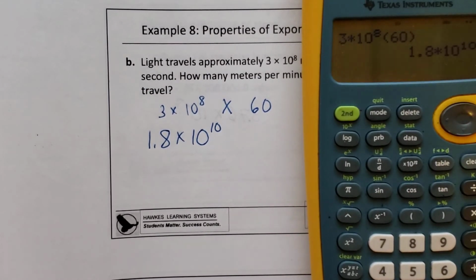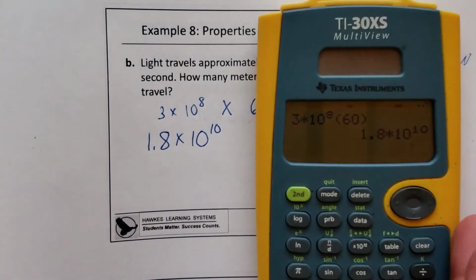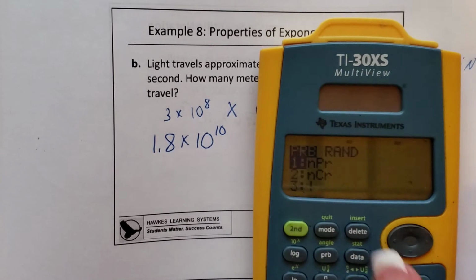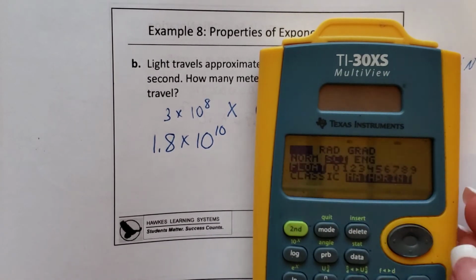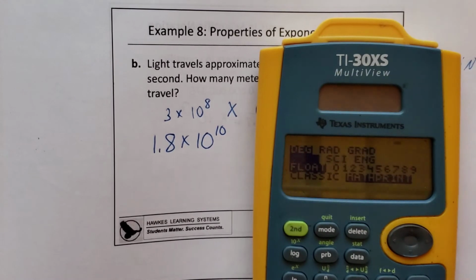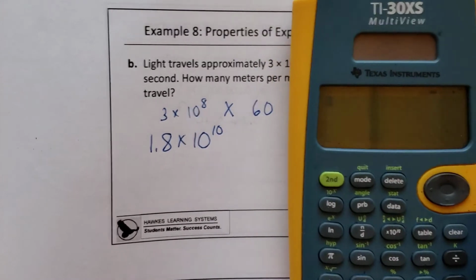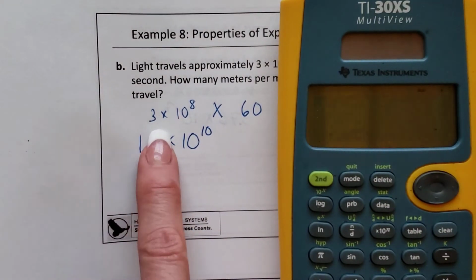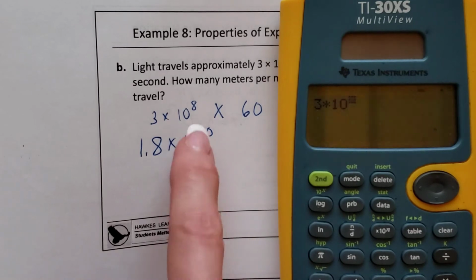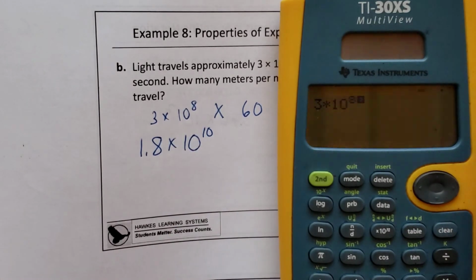So guys, you really need a calculator like this. It makes this so much easier. If you don't have a calculator like this, then you can just work it out. Let me hit enter right here. Get it off of scientific notation. So I'm going to literally multiply this in my calculator. I'm going to say 3 times 10 raised to the 8th power, right arrow, times 60.